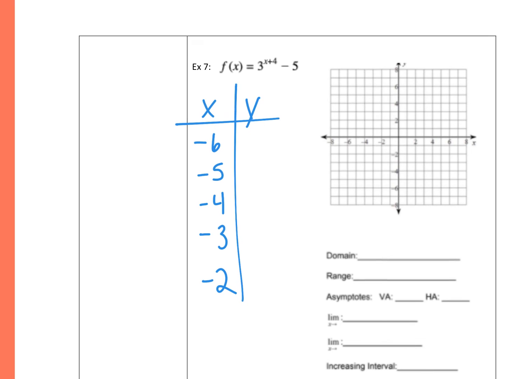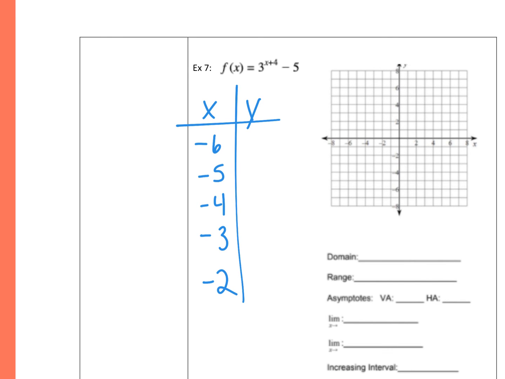So everybody be trying that. When you plug in -6, what do you get? -5? -4? -3? -2. Good. Now we quickly plot those points.